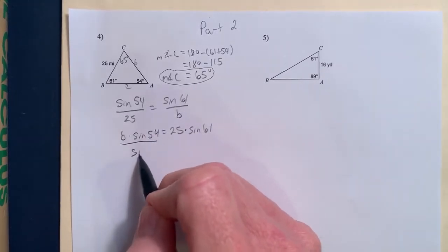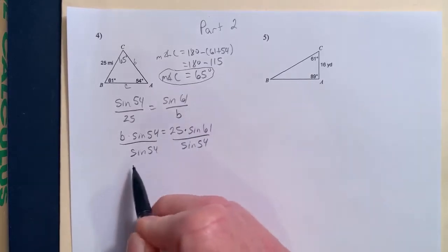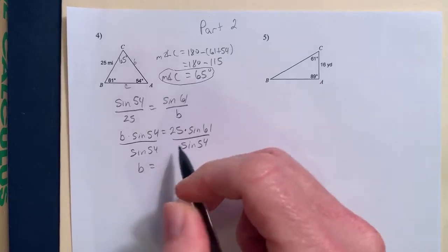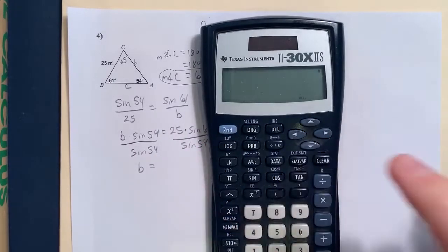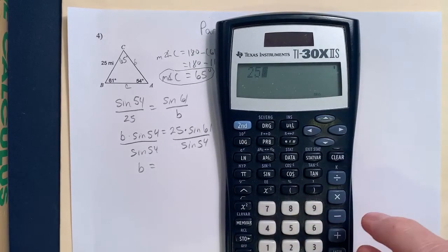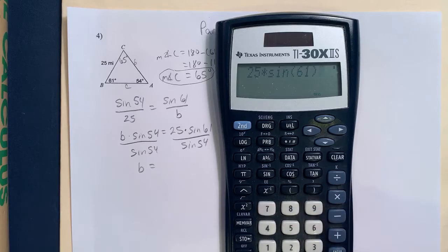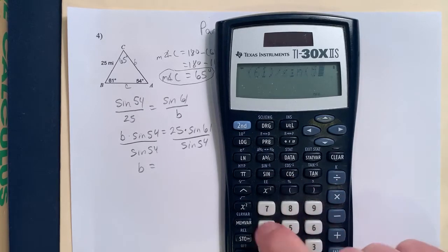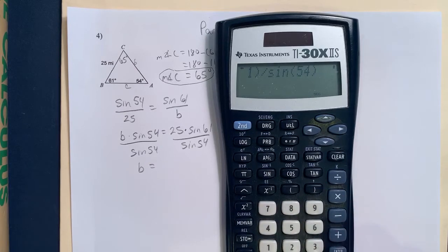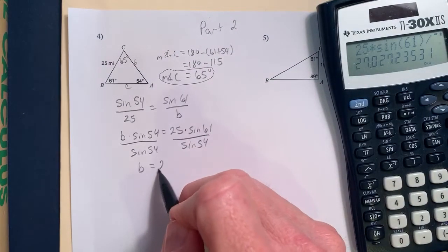Divide both sides by sine of 54. To find B, I just have to enter this in. So 25 times sine of 61, in parentheses, that's a big thing, divided by sine of 54, in parentheses. And I should get 27. So B is 27.